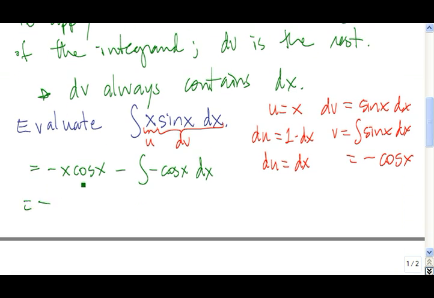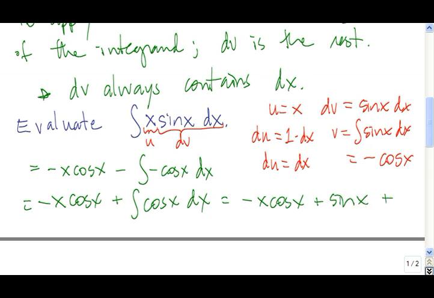So here we get negative x cosine of x plus the integral of cosine of x dx, and that's equal to negative x cosine of x plus sine of x plus some constant of integration. Here we wanted the family of antiderivatives of this, so that's why we have a plus c there.